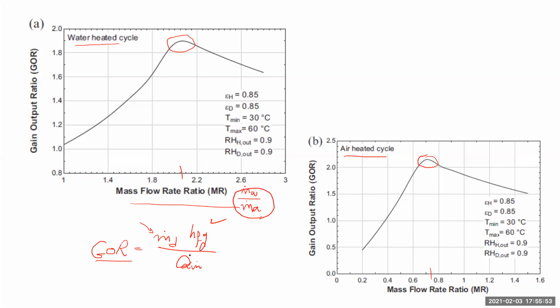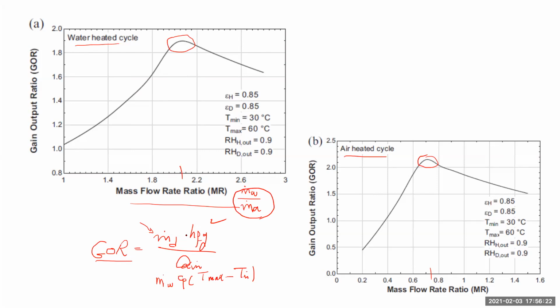But not only the GOR increases, you are talking about increasing the flow rate of the water, which means that Qn, which is going to be m dot water, Cp, T maximum minus Tn to the heater. And you're increasing the water, then you are increasing m dot, you are increasing Q.